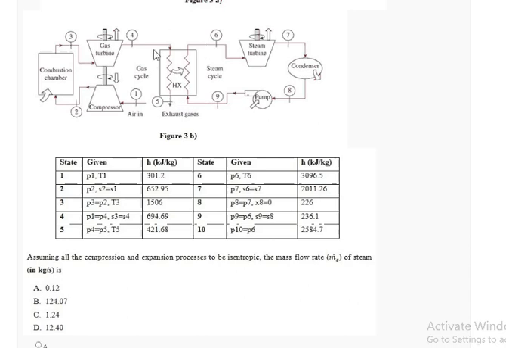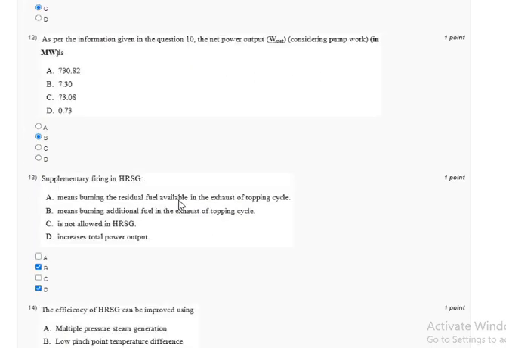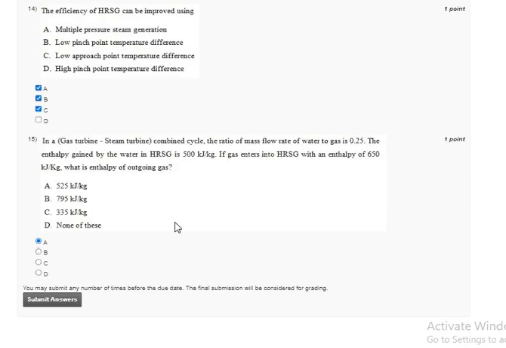So this is h4, this is h5, this is h6 and this is h9. The mass of gas is mg, mass of water is mw, which is changing into steam. So you have to apply mw cw delta h is equal to mg cg delta h. So you will get the answer of 525 kilojoule per kg.